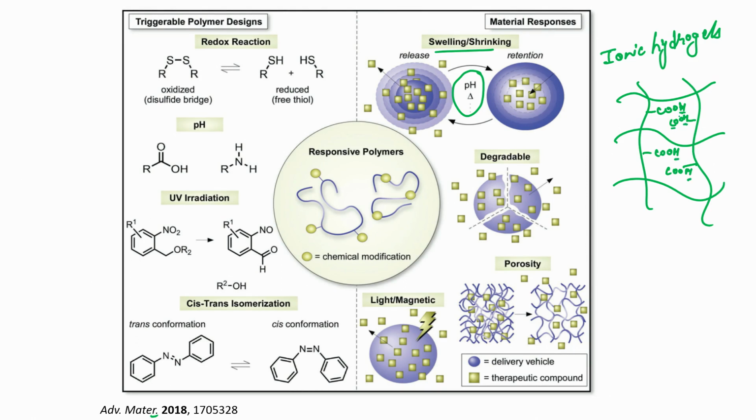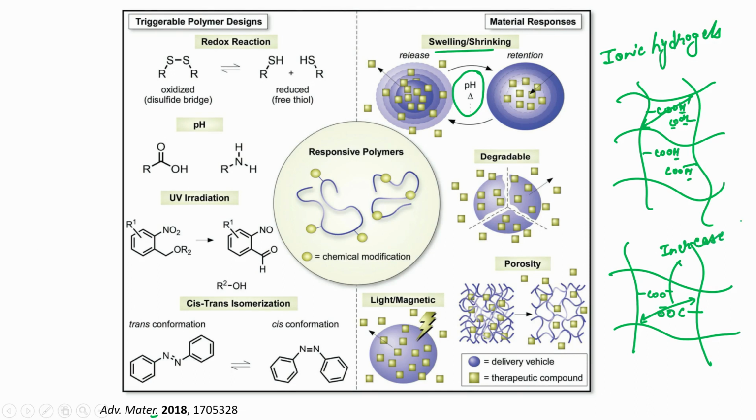So they will not lose their H plus, meaning that they are neutral charged. So they will have a certain pore size. But what happens if I now increase the pH and go above the pKa of this particular acid, then what will happen? All of these will become negatively charged because they will lose their proton, and now this negative charge will repel each other. So because of that this pore size is going to increase, and we have already discussed this. I am just repeating it for recall value. And so this is nothing but a system that is pH responsive, it swells, it shrinks.